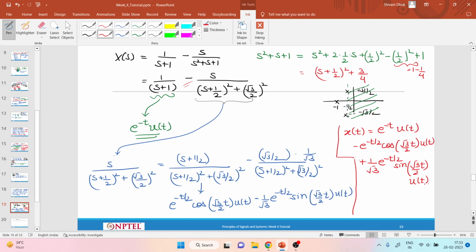So this is the value of x(t) that we are getting here. Any questions for this? Any doubts in this question?